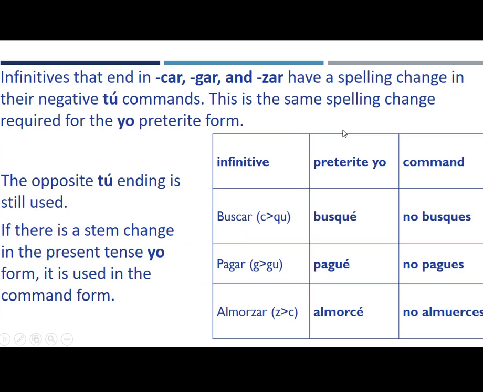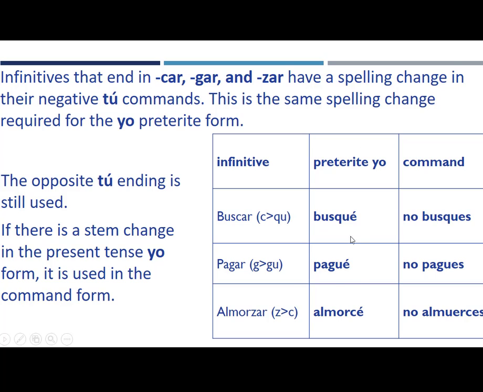Okay, so one little thing about the negative commands is that the verbs that end in car, gar, and zar, we've seen this before in the preterite. We saw that these verbs had some changes in the yo form: yo busqué, I looked for something. Yo pagué, yo almorcé.